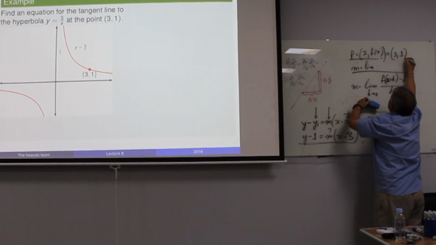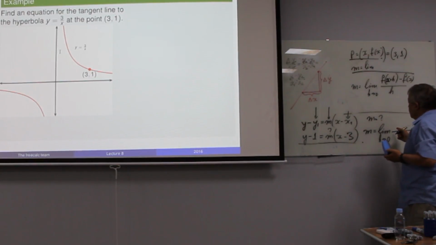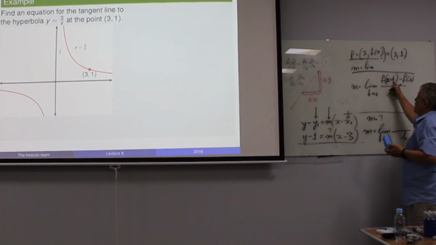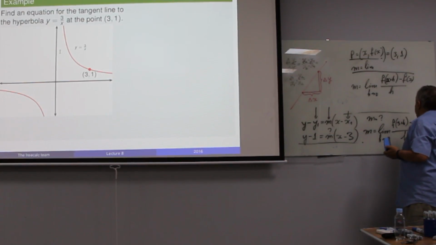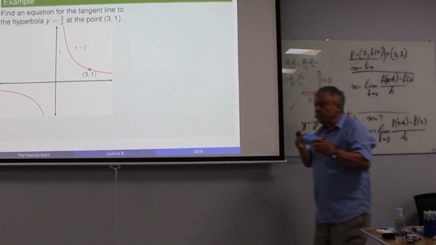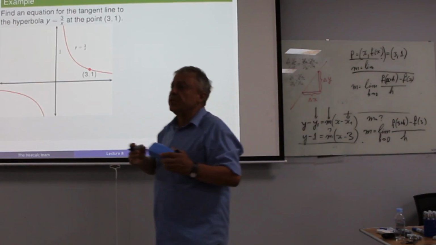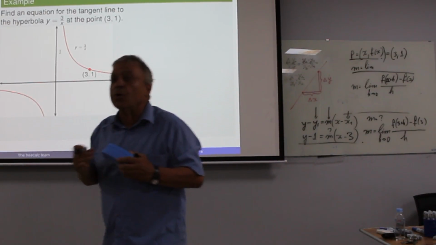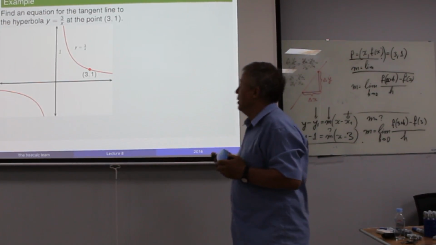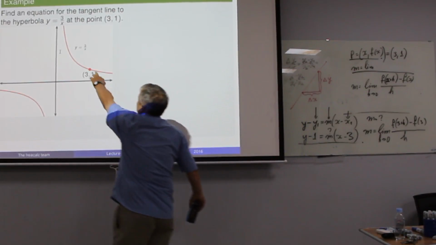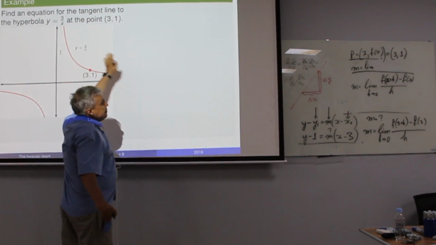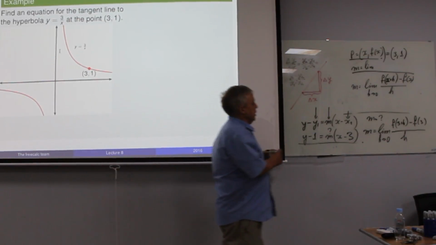So here is 1. Now we need to put here f of x plus h. So let's put here f of 3 plus h minus f of 3. I'm going from a little bit more complicated to less complicated, but slowly, step by step. Our function is this one. Now we have to put the concrete function.